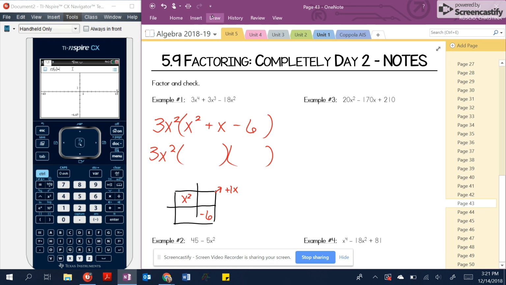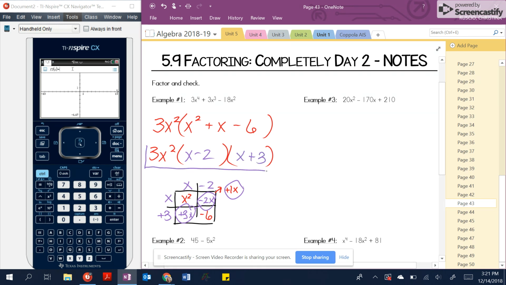What times what will give me x squared? That's x times x. And then what two numbers multiply to negative 6 but add to positive 1? I feel like that's a positive 3 and a negative 2, because there's my negative 2x, there's my plus 3x. So we have x minus 2, x plus 3.